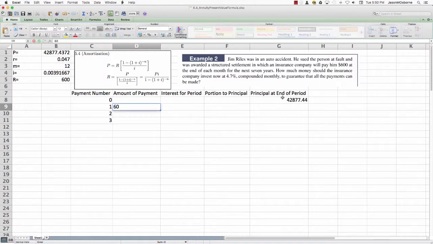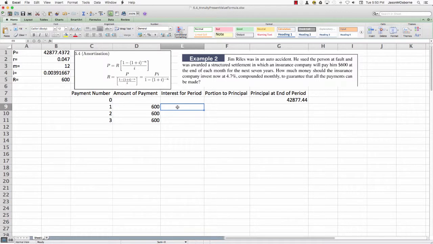Every time they make a payment to Jim, it is going to be of the $600 variety. They've put this money away, $42,877.44. That account, that dollar amount, is going to be earning interest per month.